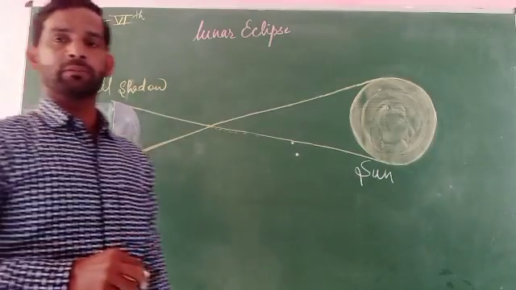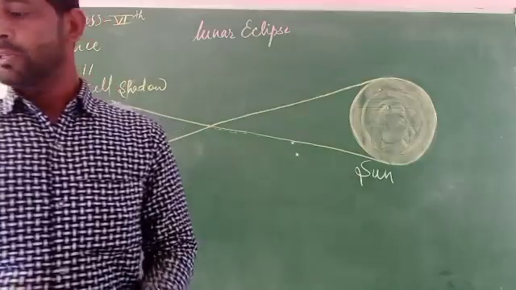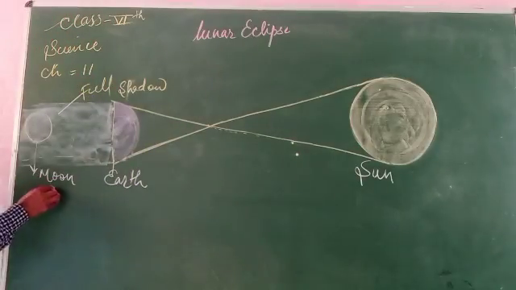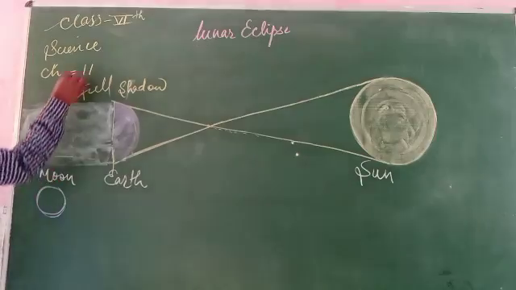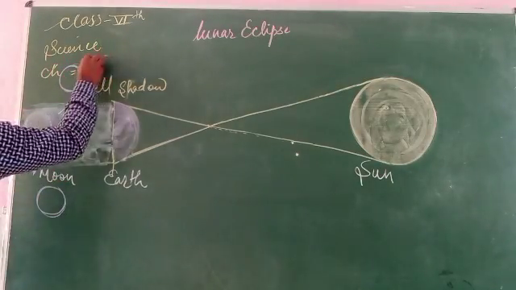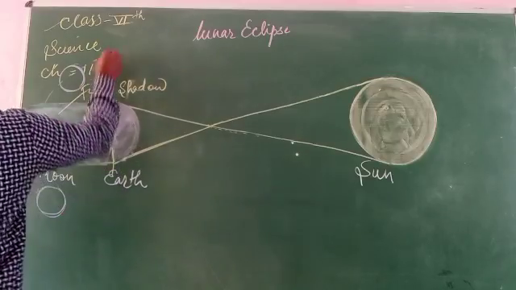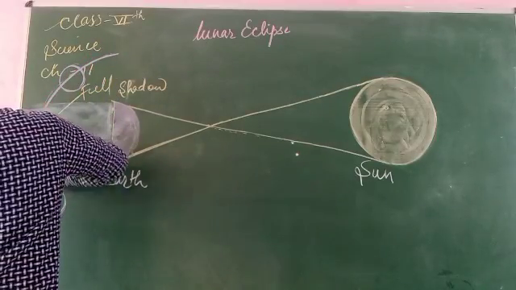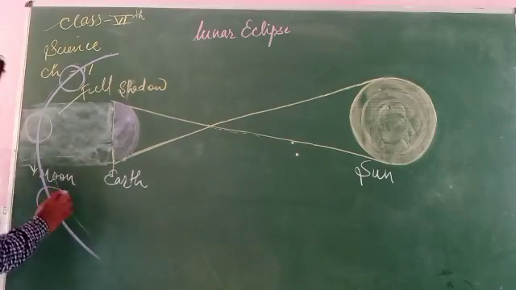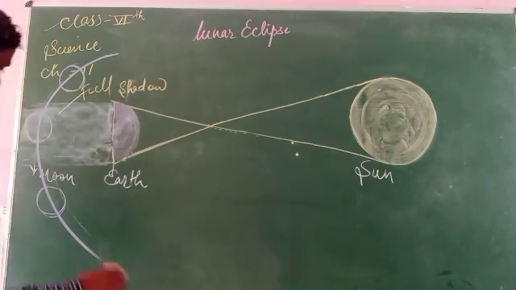The moon becomes more dark. Here you can see these are the phases of the moon.